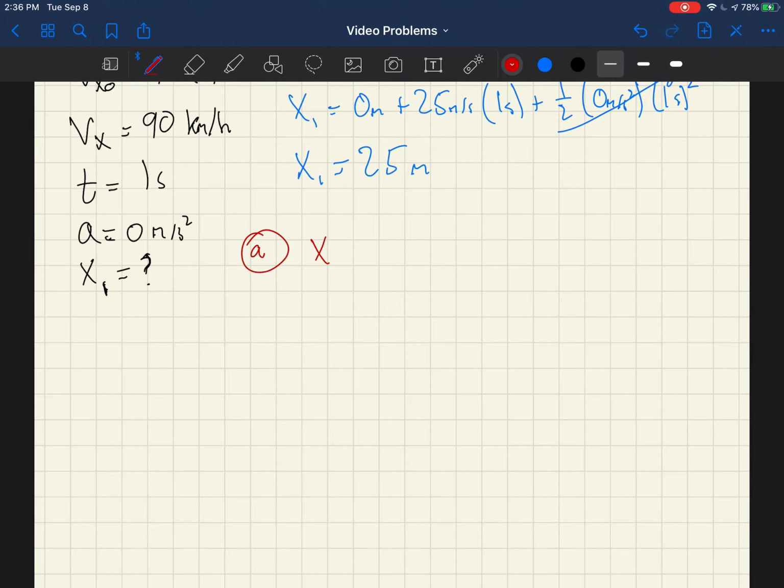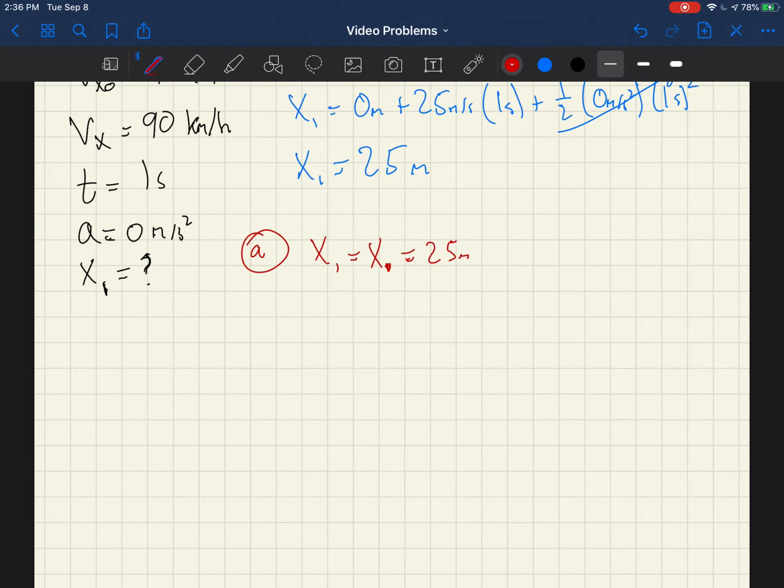So now for this part, our x1 is going to be our initial position, and that is going to be 25. Well, do you want to do it this way?